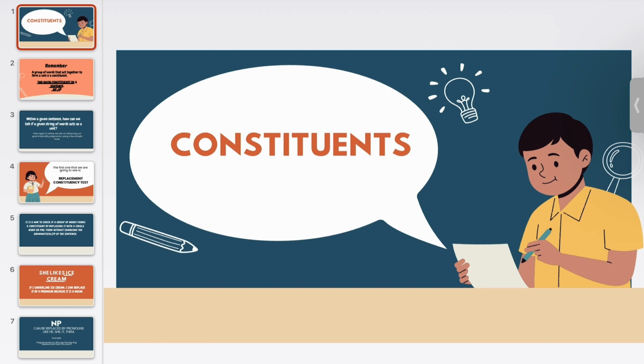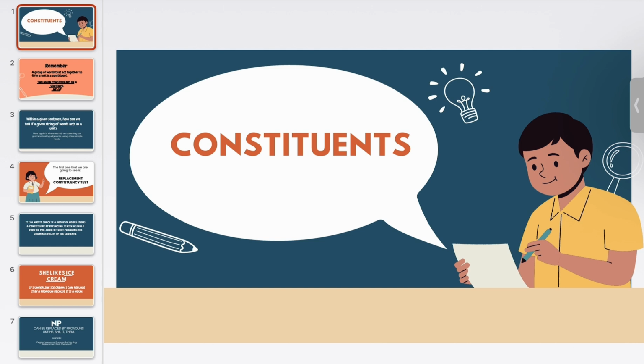If you are seeing this video, it means that you already saw what a sentence is, what an essential or non-essential word or phrase in a sentence is, and probably now you know what a constituent is. You should also be able to divide a sentence into an NP and a VP, which are the two main constituents in a sentence.